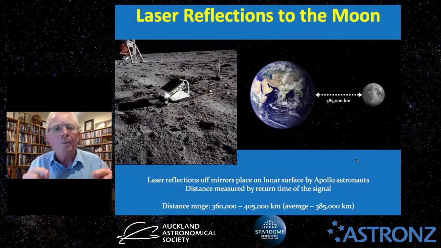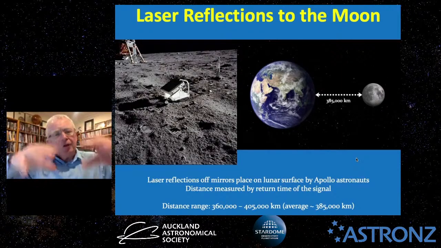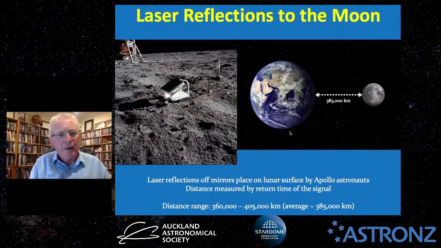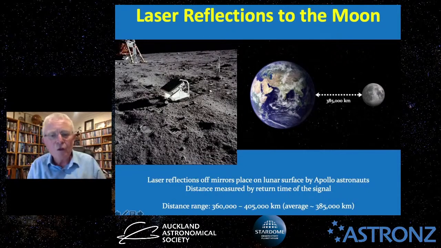One of the really cool things that the Apollo astronauts in the late 60s and early 70s did was leave big mirrors on the lunar surface. You can see a picture of it here next to the lunar module. They positioned these mirrors on the moon facing back towards Earth.